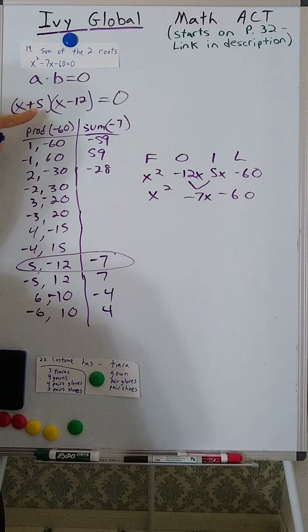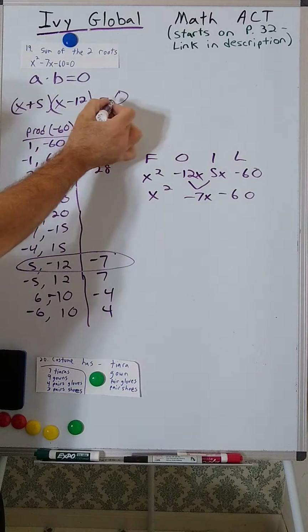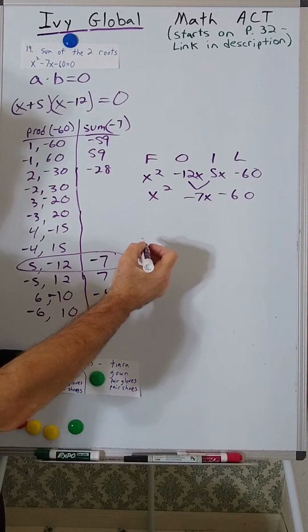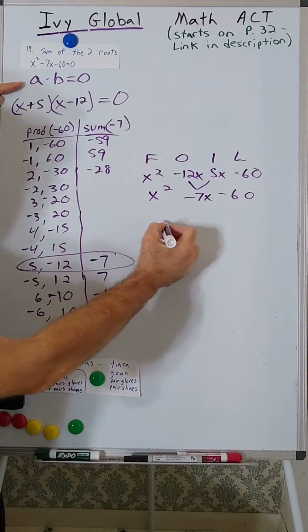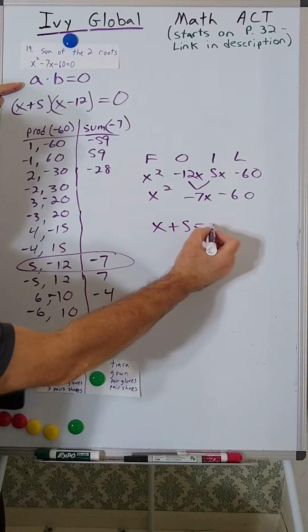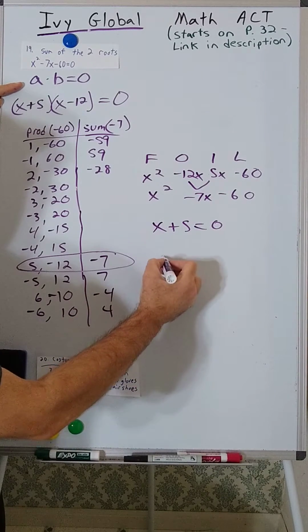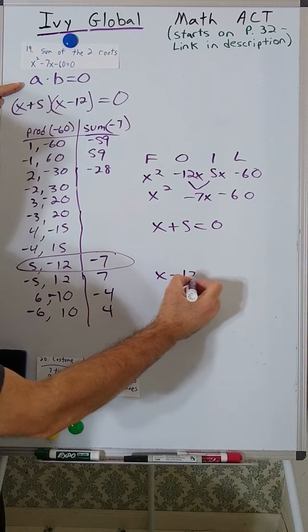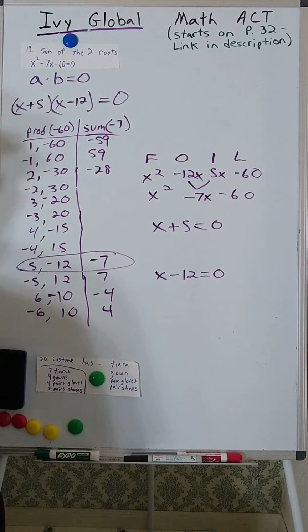So we see that the quantity x plus 5 times the quantity x minus 12 is equivalent to x squared minus 7x minus 60. So now we have two factors that have a product of 0. So one of them has to equal 0. So x plus 5 must be 0, or x minus 12 equals 0.